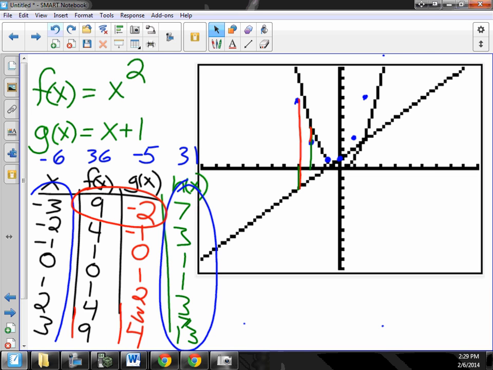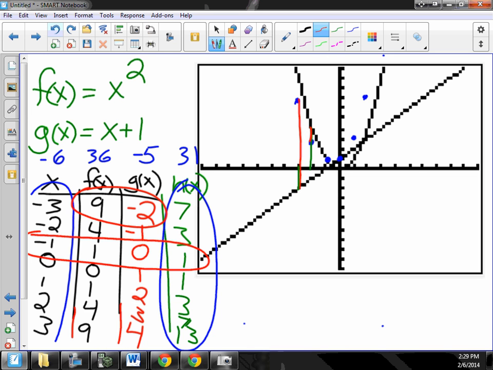So if you look at this particular row, the f of x value was 1, and the g of x value was 0, so the h of x value is also 1. So when either of the two graphs hit the x-axis, then the point on the other graph is not going to be changed. Okay?